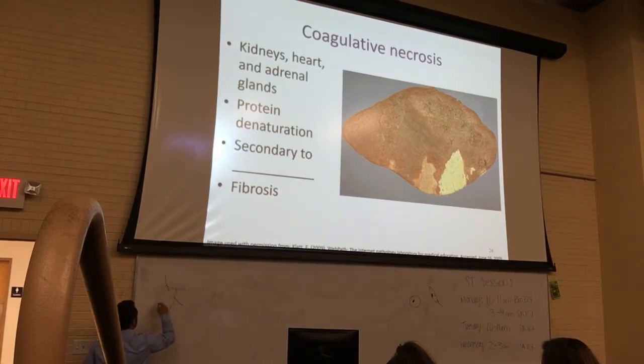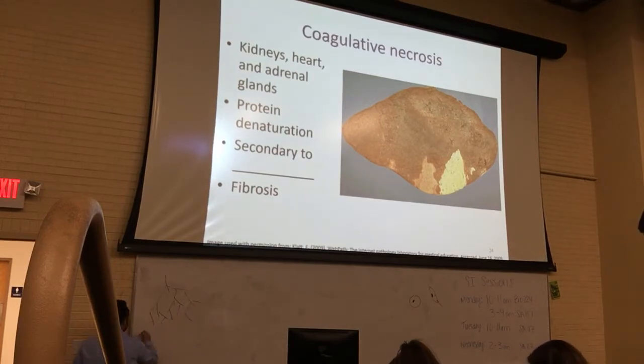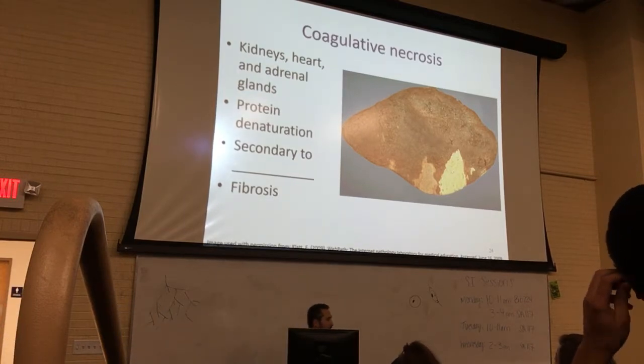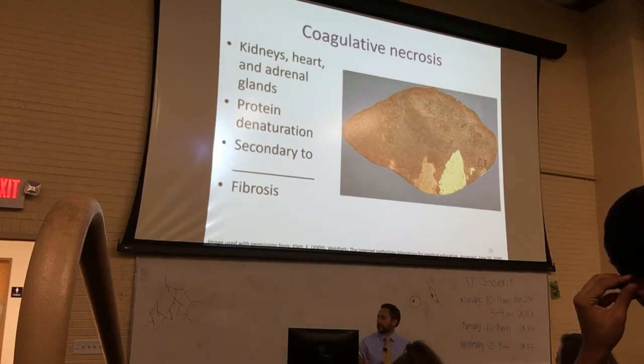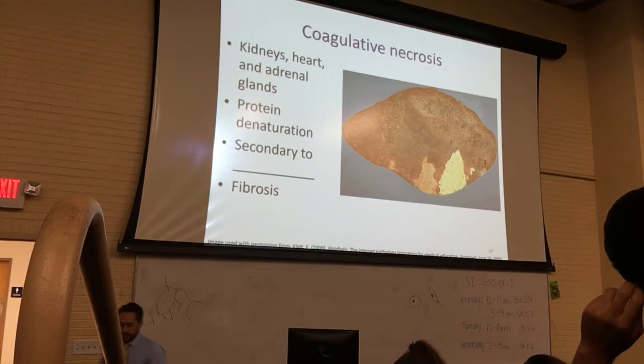And so if you look at tissues like heart, kidneys and the adrenal glands, they have this vascular architecture that's like a tree or a root branch.